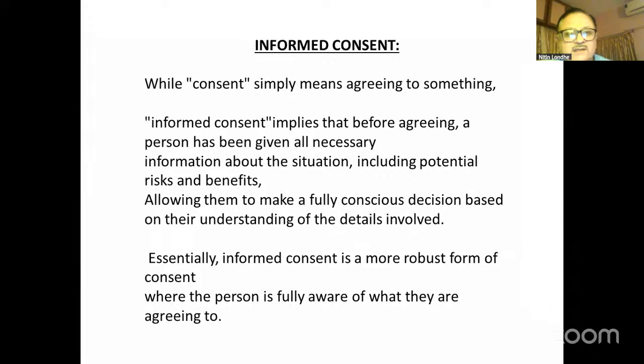Thus, informed consent, as I just suggested: consent simply means agreeing to something, whereas informed consent implies that before agreeing, a person shall be given all the necessary information about the situation, including the potential risks and benefits, allowing them to make a fully conscious decision based on their understanding of the details involved.